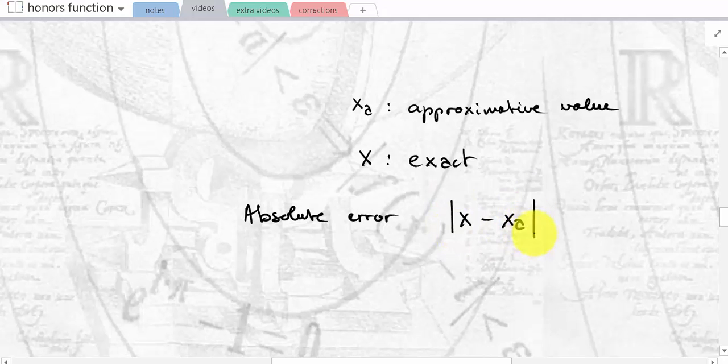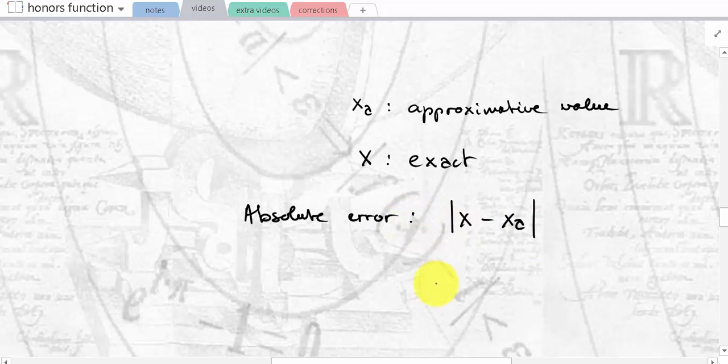But suppose the exact quantity is X, okay? That's the exact quantity. The absolute error is going to be X minus XA. Well, we don't know which one is larger, so we often put the absolute value right here. This is the absolute error.